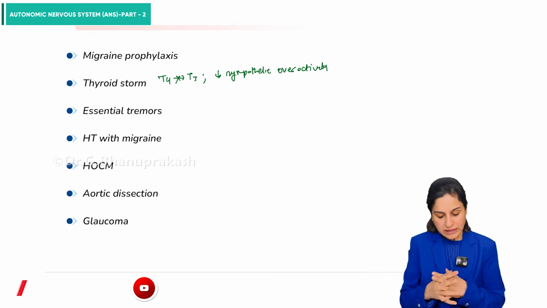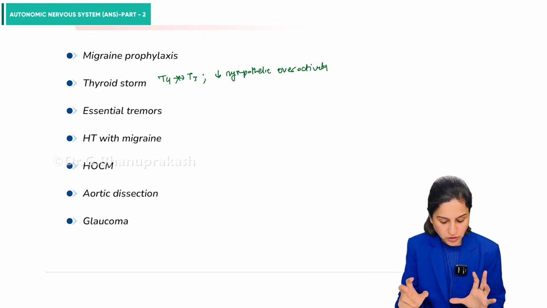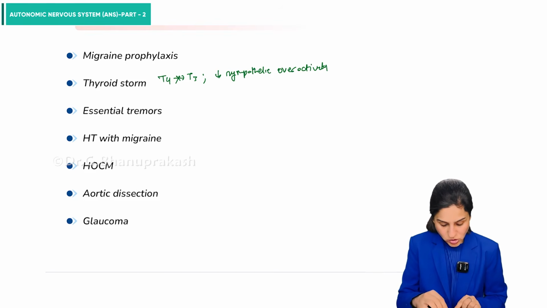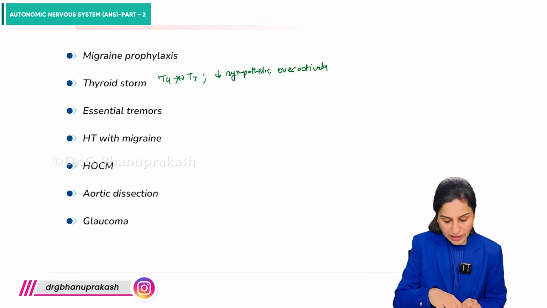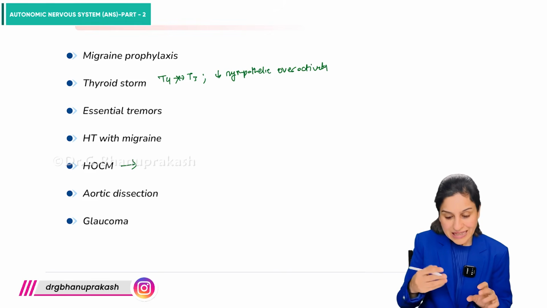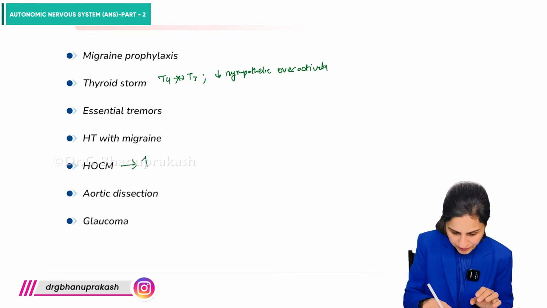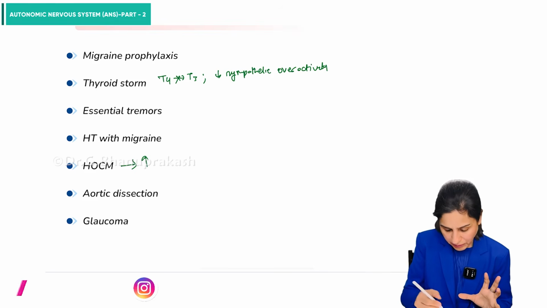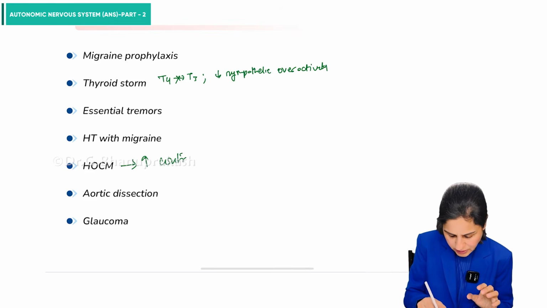Then moving on to the next one, which is hypertrophic obstructive cardiomyopathy. In hypertrophic obstructive cardiomyopathy, what is important is to know that there is an increase in the contractility, right? So there is hypercontractility, increased contractility of the heart.